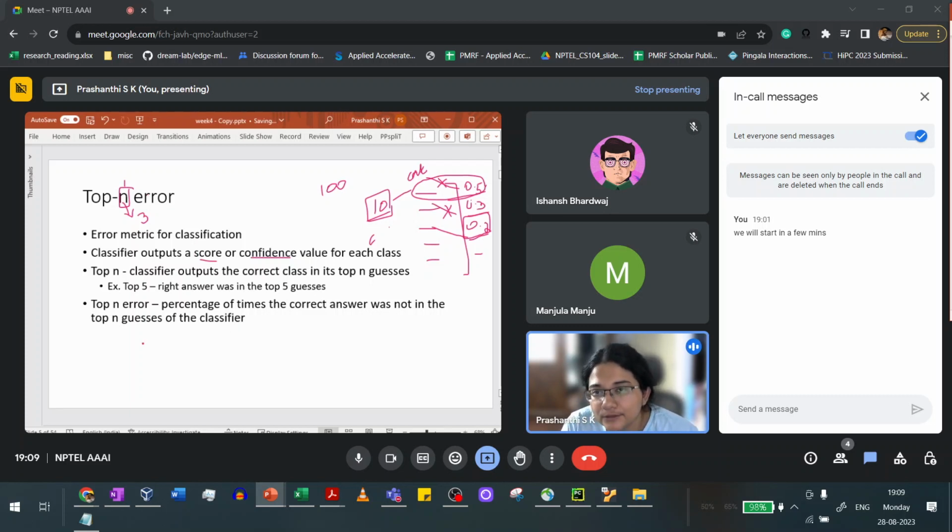Ultimately, what you do is take the percentage of times the correct answer was not in the top n guesses of the classifier. So this is in a way a relaxed form of calculating error. Rather than saying I'll take the output with the highest probability or confidence value, we relax it to consider more outputs of the classifier. Okay, is this clear or any questions? Feel free to ask if it's not clear.